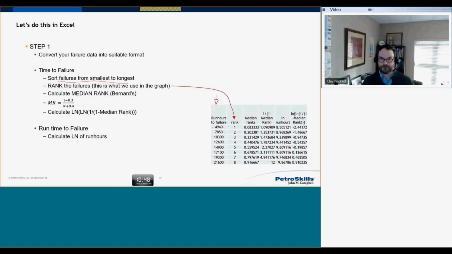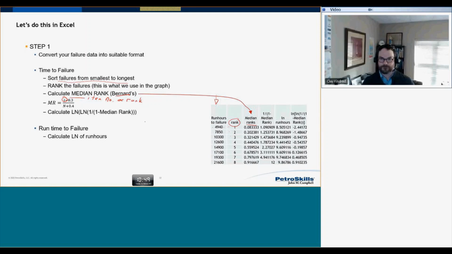Item number 1, item number 2, item number 3, and so on. To get our vertical axis, we're now going to convert that rank into a median rank. Now, there are several ways of doing this. The one I use is Bernard's, and that is i minus 0.3 divided by n plus 0.4. i, that is just the item number or rank.